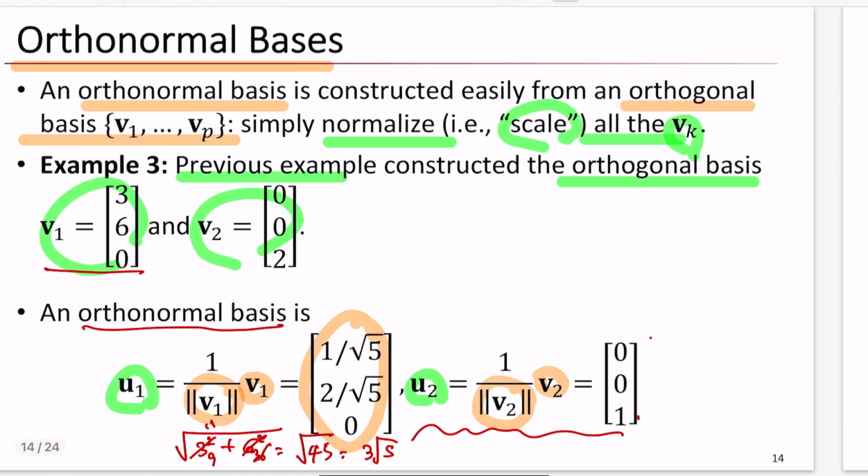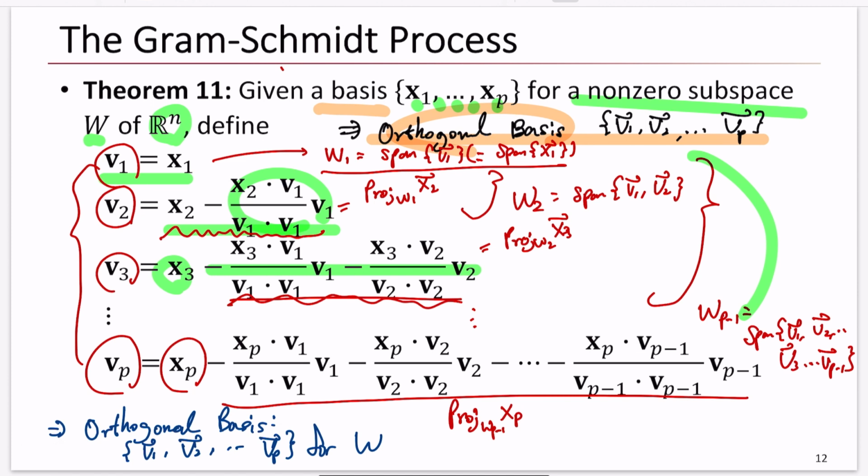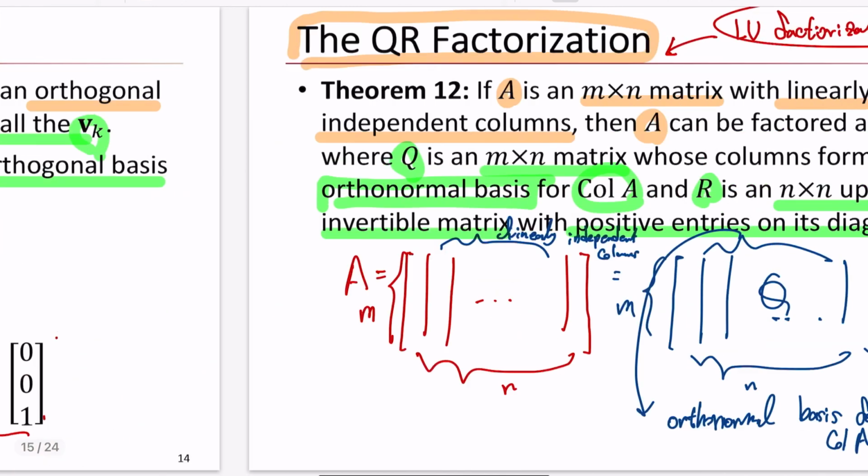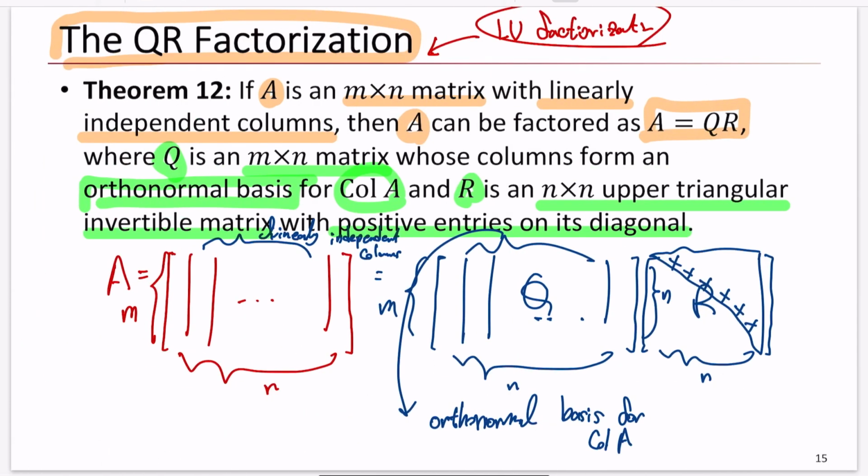Let's go back to the Gram-Schmidt process. The Gram-Schmidt process makes an orthogonal basis from a given basis. They are linearly independent and span the subspace W. In QR factorization, the linearly independent column vectors are going to be the basis for the column space.